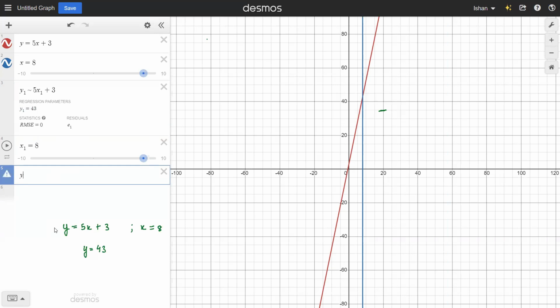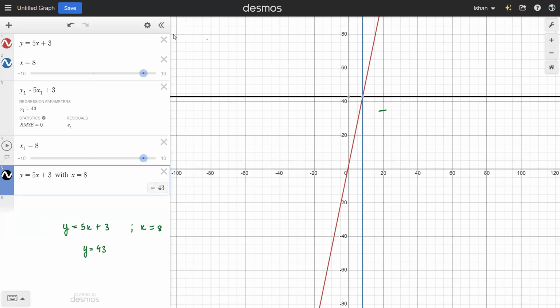That is y is equivalent to 5x plus 3 space with x equals 8. So you'll see 43 will be on display directly. So this shows your graphing way. This one shows your regression. And this is using the with keyword.